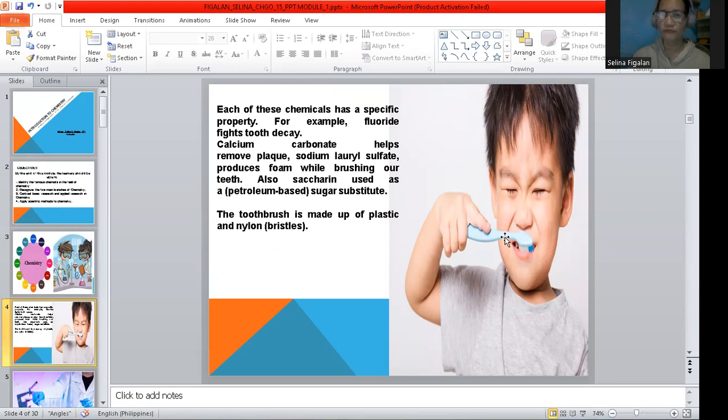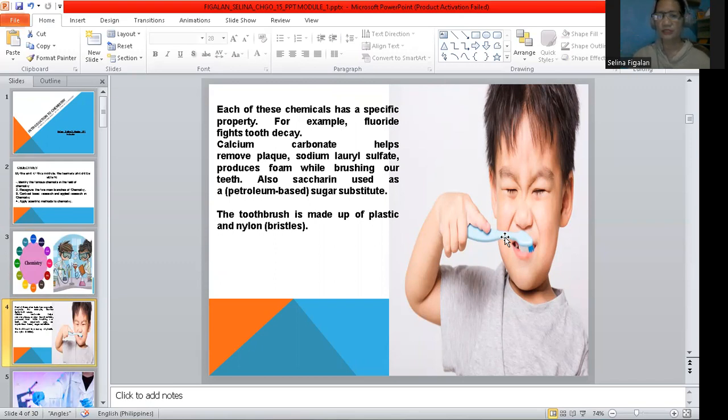Because of the fluoride content in your toothpaste. Your toothbrush is made up of plastic and nylon. There are also stages of toothbrush: when you are in the supermarket, there is soft and there is hard, because the gums of a child are sensitive compared to an adult. That is how important chemicals or chemistry are in our daily life.